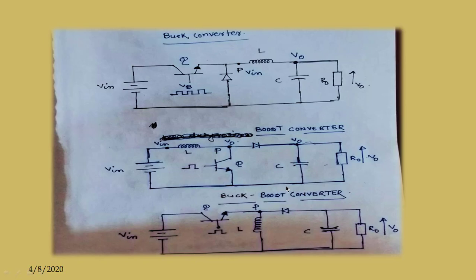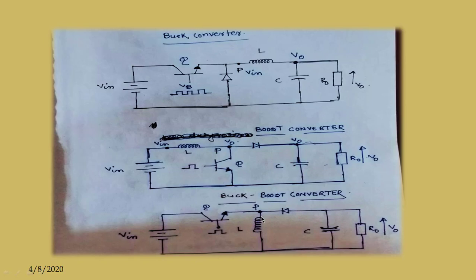So this is V naught, and here it is V in, so V in minus V0, which helps in boosting up the voltage at the output.